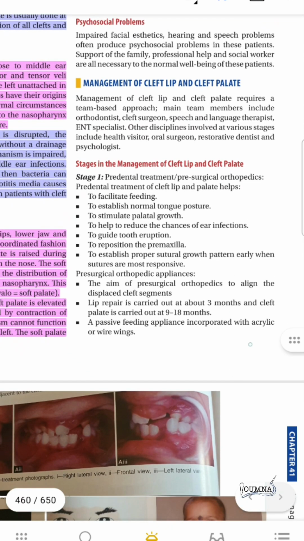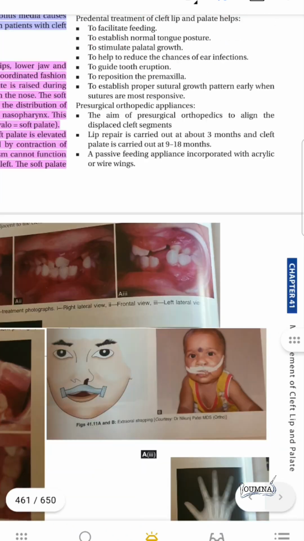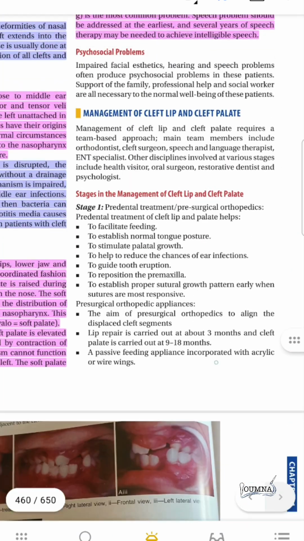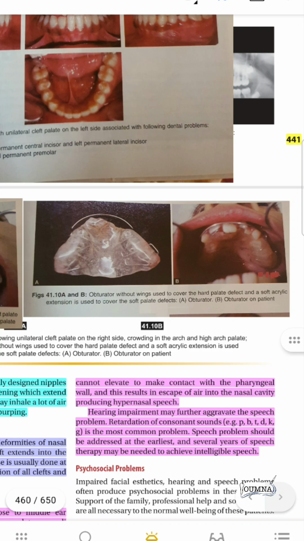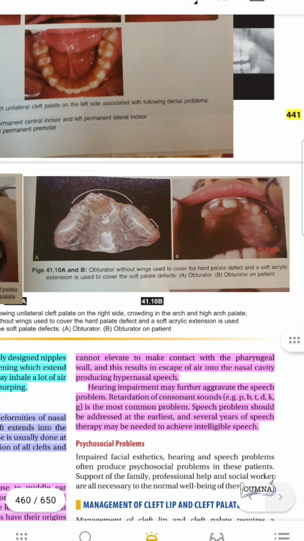Now let's discuss the management. It is divided into stages. The first one is the pre-dental or the pre-surgical orthopedic stage, where we add what is called the obturator that covers the hard palate defect and a soft acrylic extension is used to cover the soft palate defect.